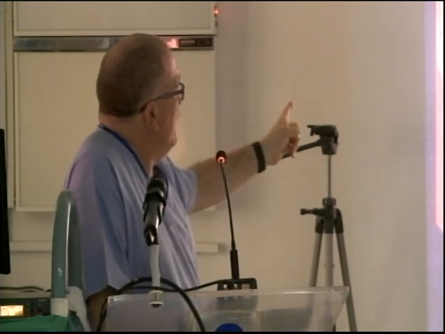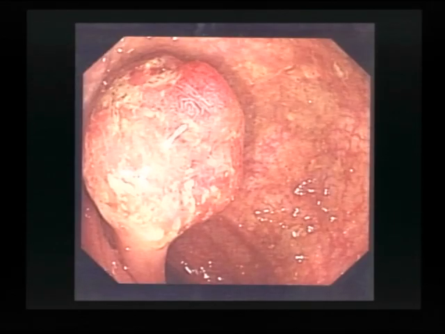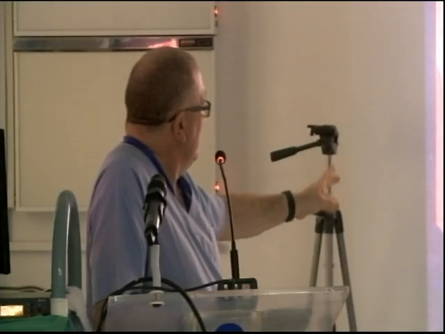So how many of you would be worried about this polyp? Would you take this polyp? You would? Okay. I'm going to tell you this polyp is 3 centimetres. It's over 1 fold.